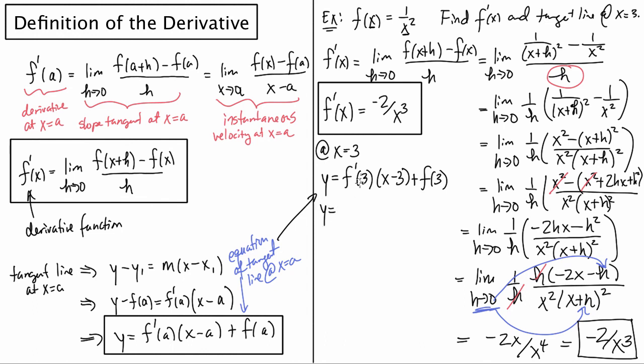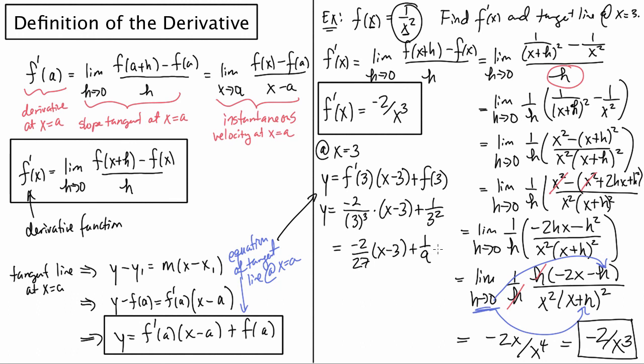So we just found the derivative. If I evaluate that derivative at 3, it's negative 2 over 3 cubed times (x minus 3) plus the function value at 3, so returning back to 1 over x squared, that is 1 over 3 squared. And simplifying, we get negative 2/27 times (x minus 3) plus 1/9.